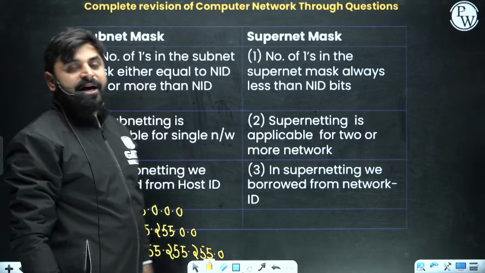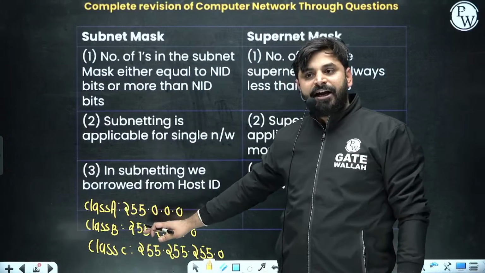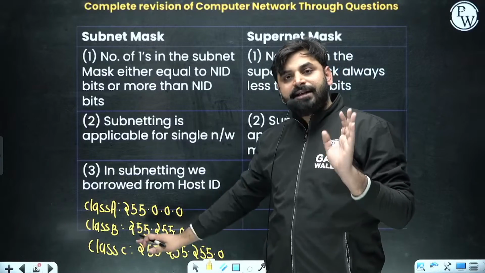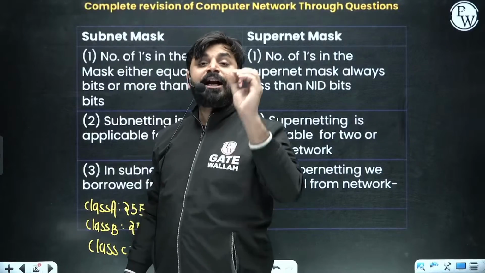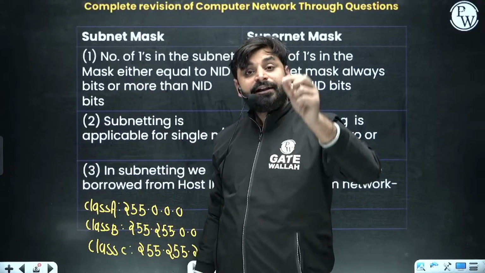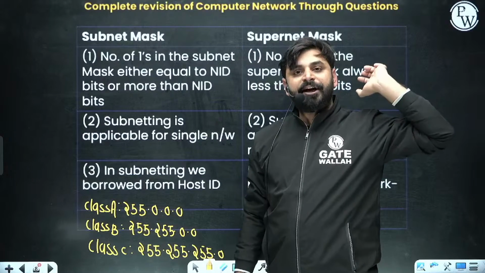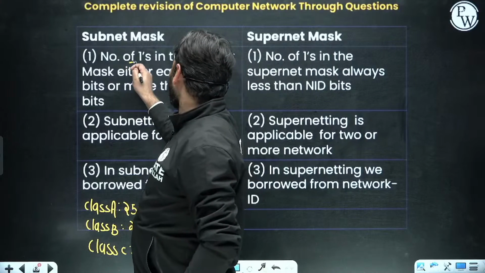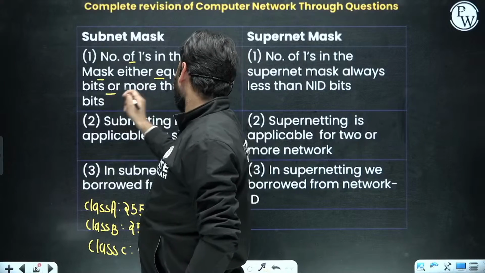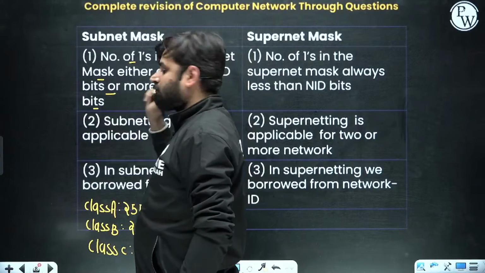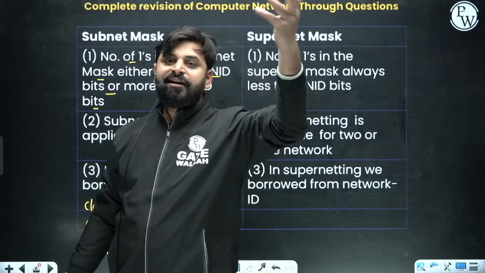In the default subnet mask, class A has network ID of how many bits? 8 bits, so 8 ones. Class B network ID, 16 bits, minimum 16 ones. Class C network ID, 24 bits, minimum 24 ones. So in the subnet mask, the number of ones is either equal to the network ID bits or greater than the network ID bits.